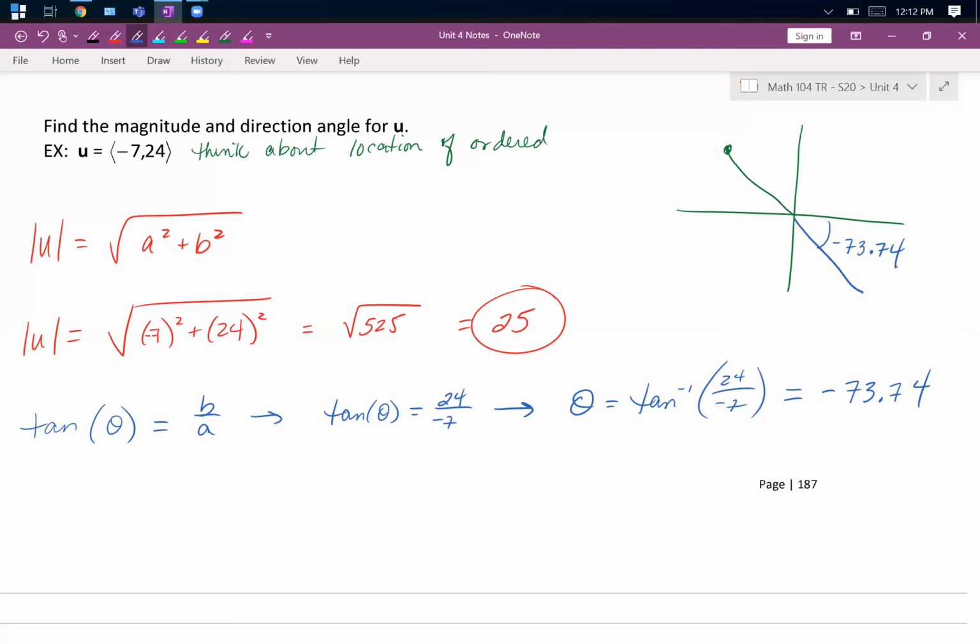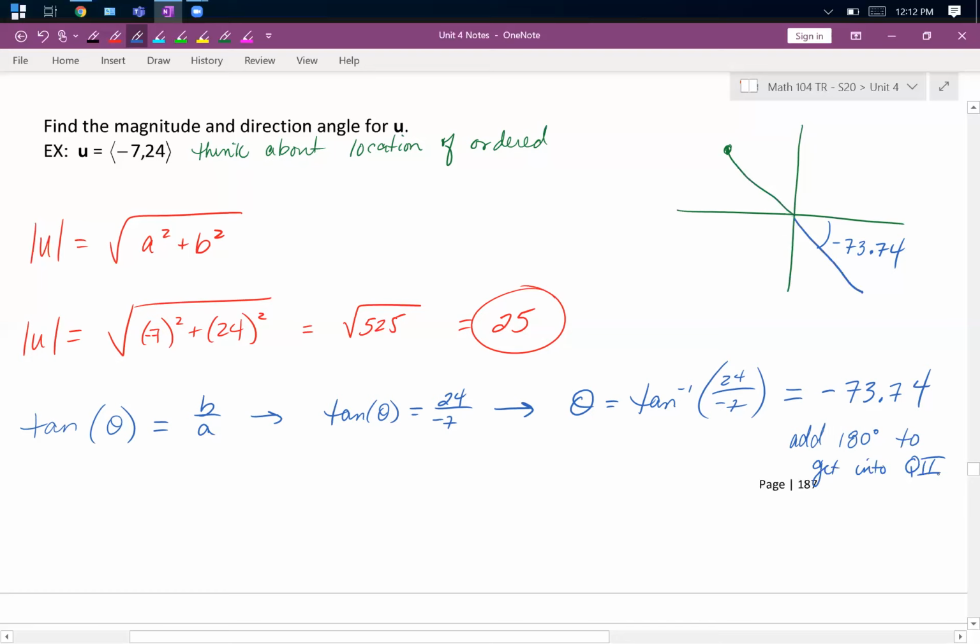So how are we going to get from quadrant 4 over to quadrant 2? That's right, James. All we're going to do is add 180 degrees to get into quadrant 2.